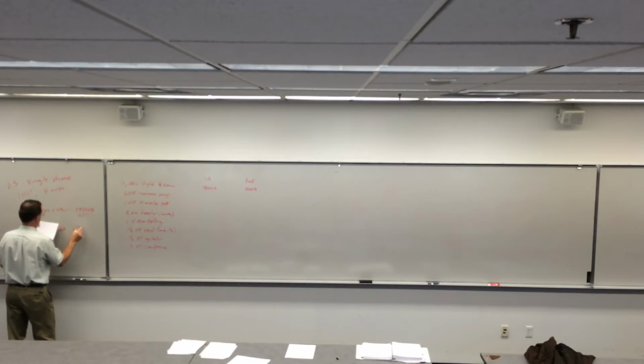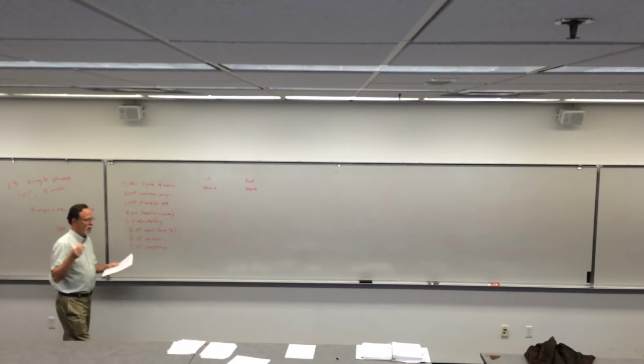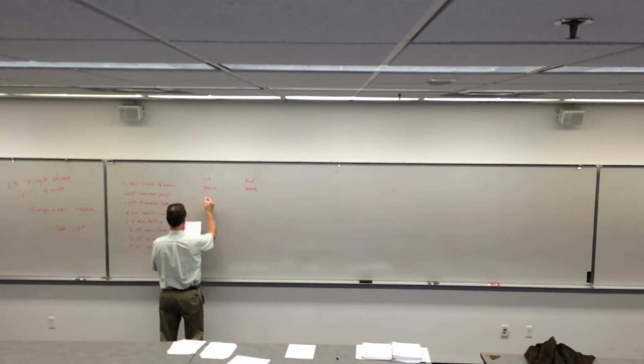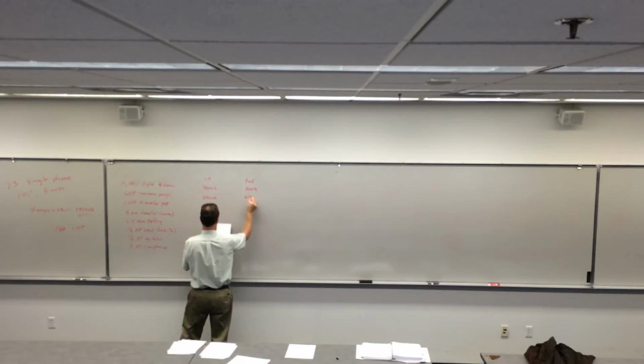So 28 times 240 times 1.25. Again, if you didn't put the 1.25 on there, that's also correct. It's just me being paranoid. 8,400 volt amps and 8,400 volt amps.